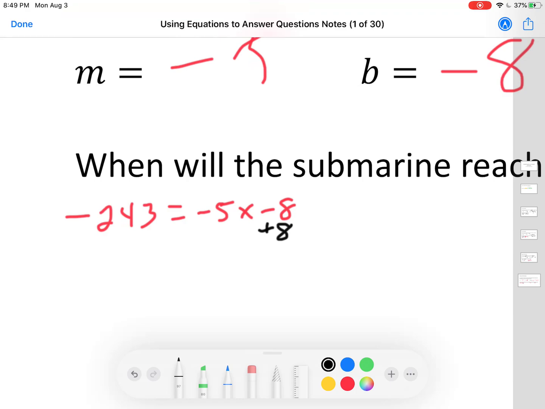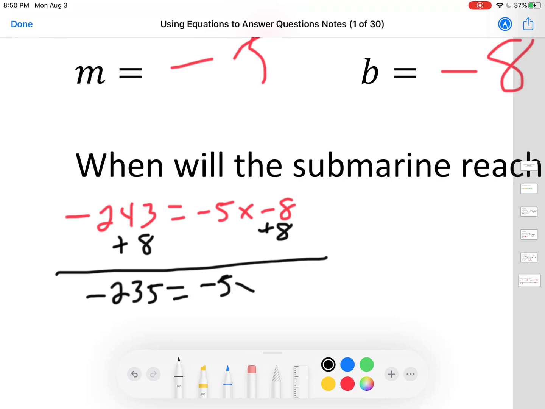Whatever you do to the right side of the equal sign, you have to do to the left side of the equal sign also. Here is the equal sign. The left side is -243. So when we are doing something to that side, we are doing it to the -243. -243 plus 8 is -235 equals -5x. 8 minus 8 is 0, but I don't need to put 0 because -5x plus 0 is just -5x.